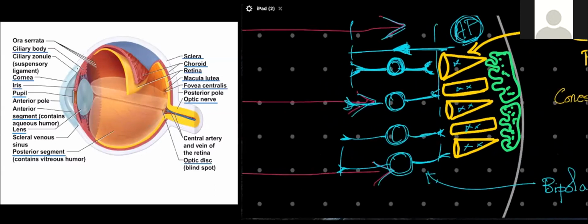Those bipolar cells gonna be then conducting their signals to another type of nerve cells that will have very, very long axons.